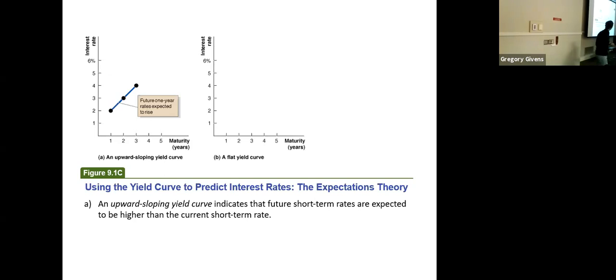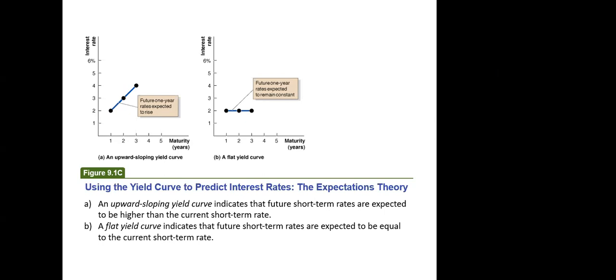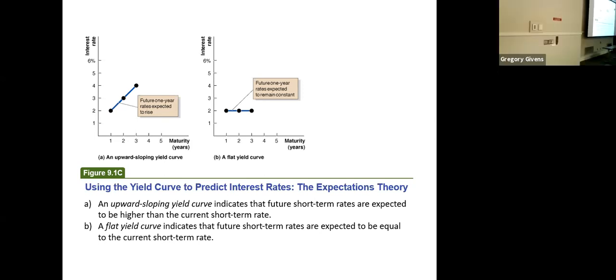What about a flat yield curve? So what if I showed you a picture of a yield curve where the 1, 2, and 3-year bond rates were all exactly equal to 2%? What does that tell us then about investors' expectations about 1-year interest rates in the future? Levi?